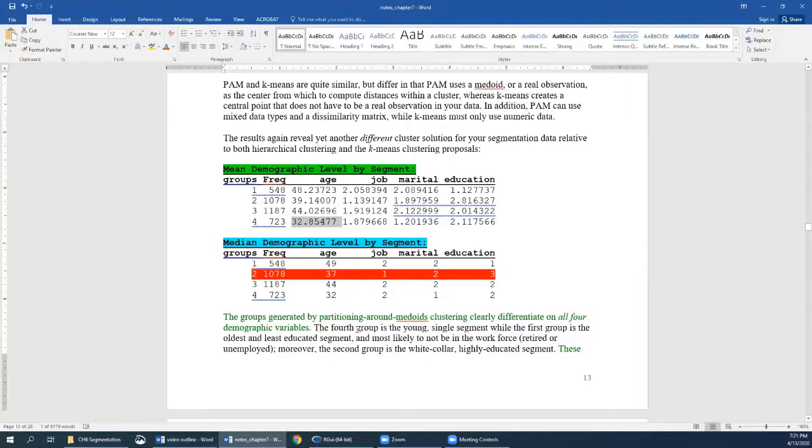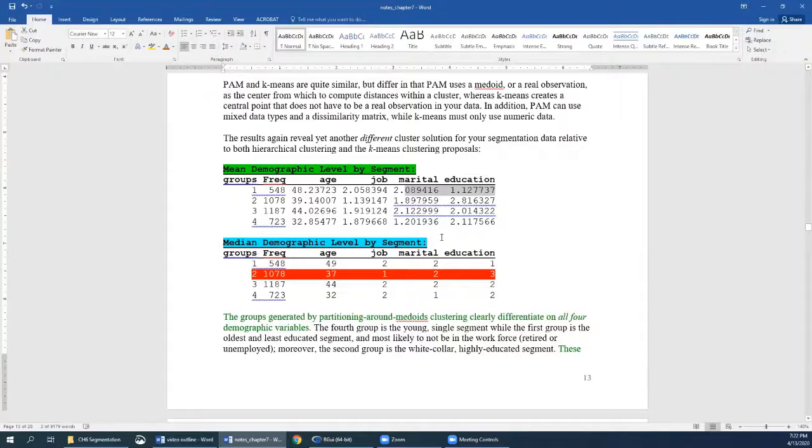Then the first group is the oldest and the least educated. That's kind of what we saw for k-means as well, but they include slightly younger people. For the oldest segment in k-means, the average age was around 55. Here the oldest group's average age is around 48, and the median is 49. They're also the least educated.